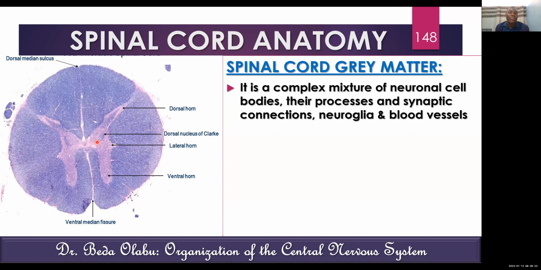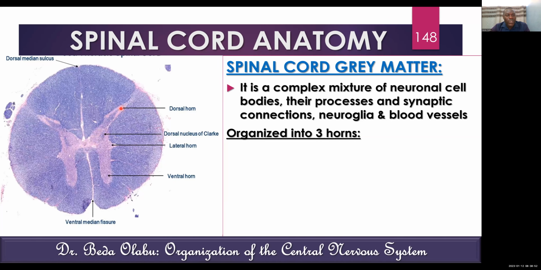And we can have cerebral cortex, we can have cerebellar cortex. But if that gray matter is in the deep substance of the central nervous system, then it constitutes what we call a nucleus. And so by default, the spinal cord gray matter is a nucleus or a collection of different nuclei, as we're going to see.